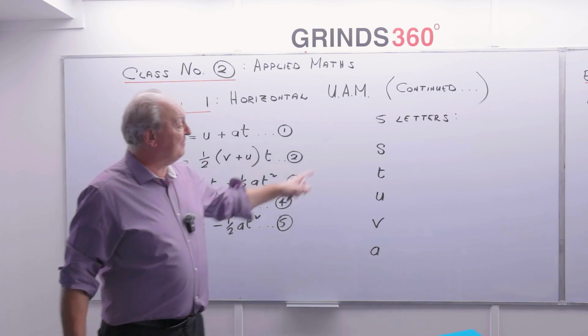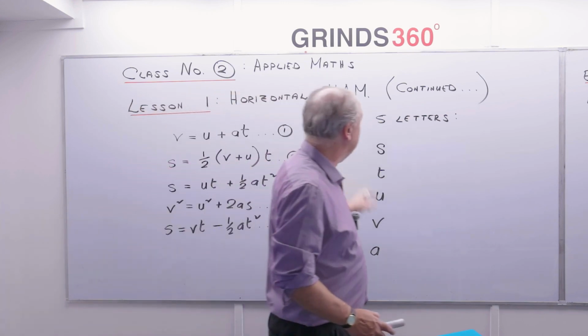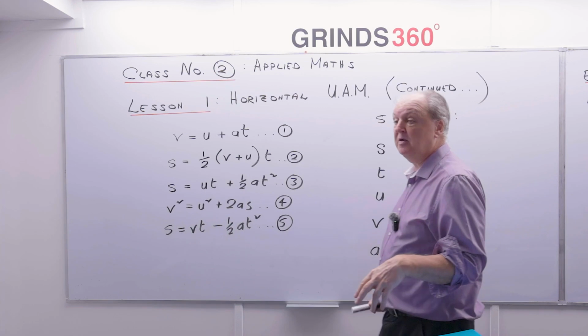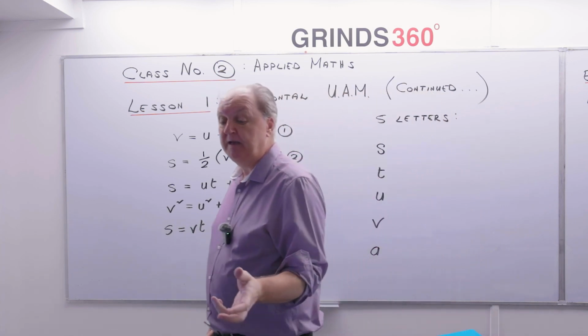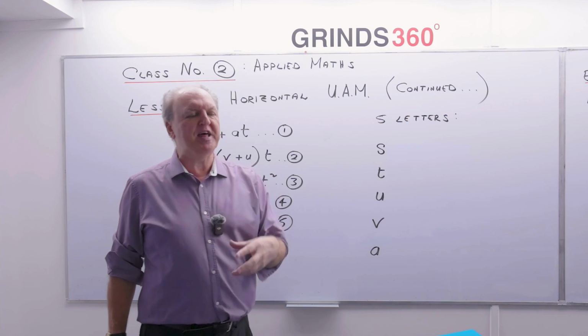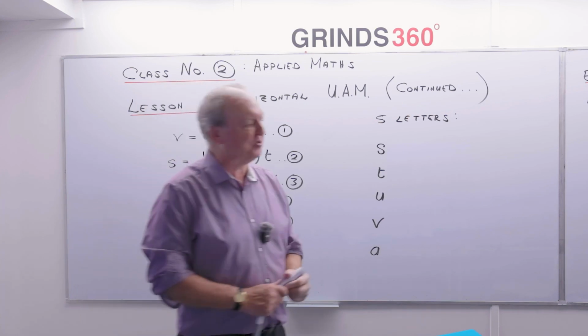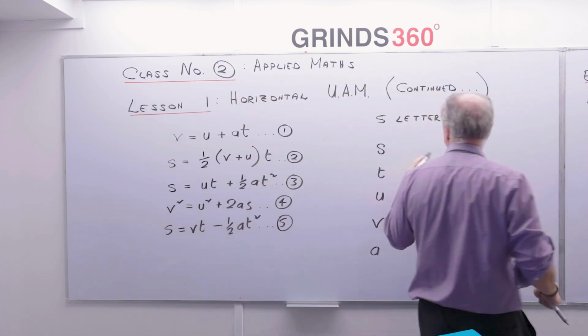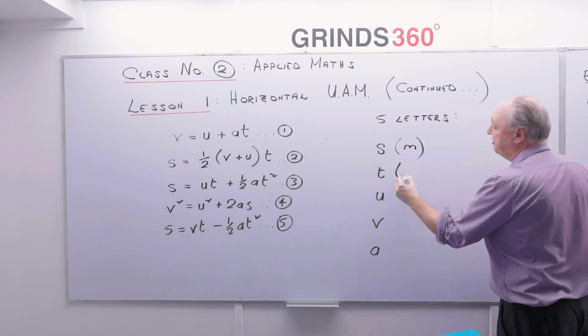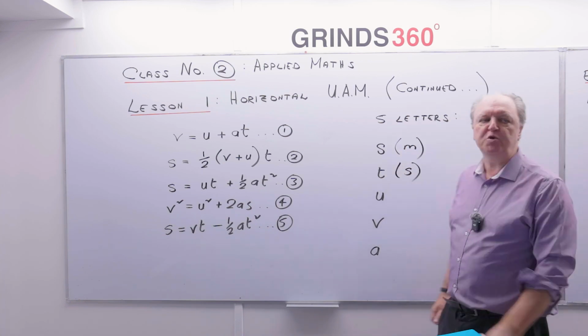Now you're dealing with 5 letters all the time. You're dealing with S. That stands for displacement. Now displacement, we need to be careful of today. Displacement and distance are 2 different concepts. I'll go over that again when I do one of my examples later on. Displacement is measured in meters, time t in seconds. We're going to have 2 velocities.